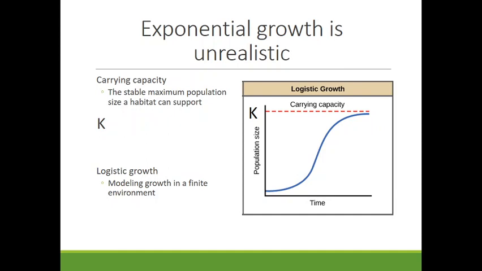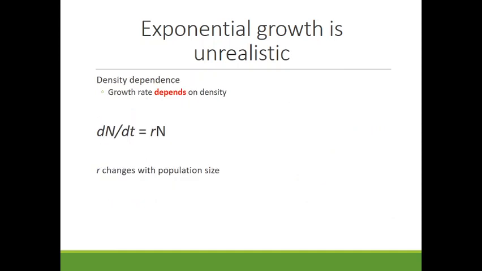That might mean food, that might mean space, it can mean a variety of different things. What this is essentially doing is modeling what's called density dependence, where the growth rate, this r essentially, changes based on density. The growth rate depends on the density.